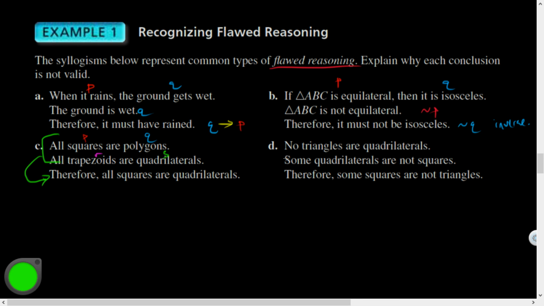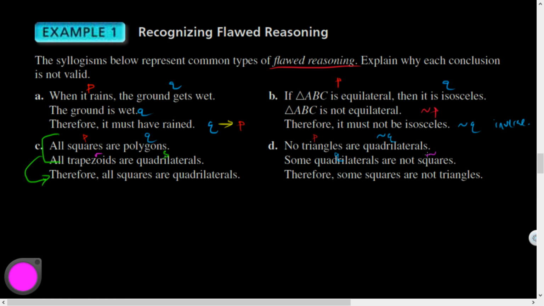All right, so that's weird, right? It's a little weird. No triangles are quadrilaterals. So if a shape is a triangle, then it is not a quadrilateral. I'm going to call that not Q. So my Q statement is not quadrilateral. Some quadrilaterals are not squares, so here's Q. So is quadrilateral, and they're saying some quadrilaterals are not squares.